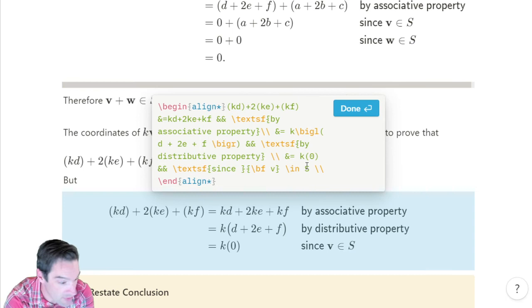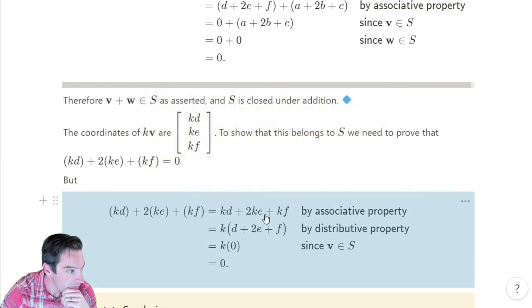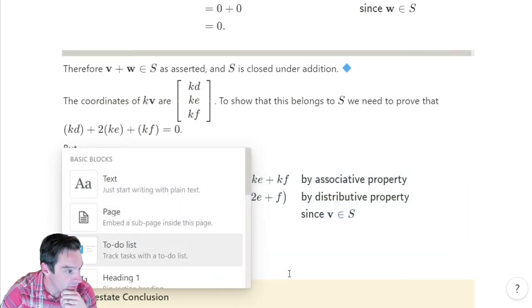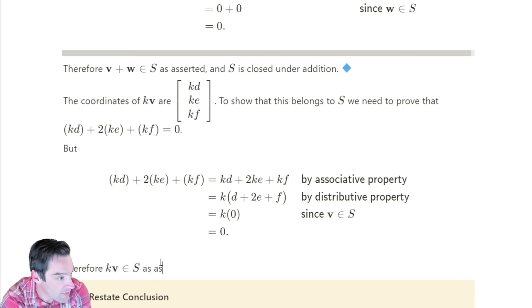And then k times 0 is equal to 0, which doesn't really need a warrant. And so we've satisfied the second piece of what we hope to do. Therefore, kv is an element of S, as asserted, and S is closed under scalar multiplication.